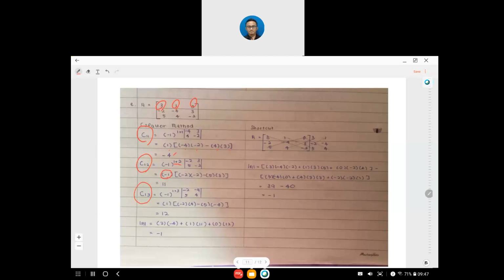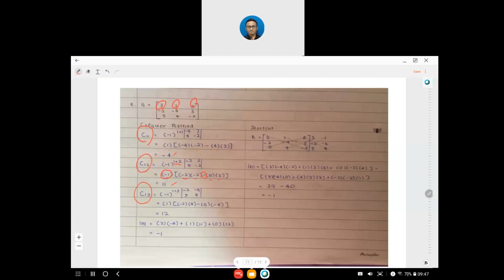Okay? And then negative 2 times by negative 2 minus 5 times by 3. So 4 minus 15. So you can get negative 11, but outside you have negative, so it becomes 11.